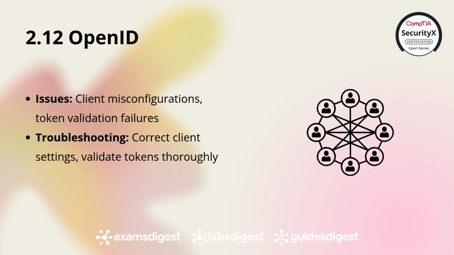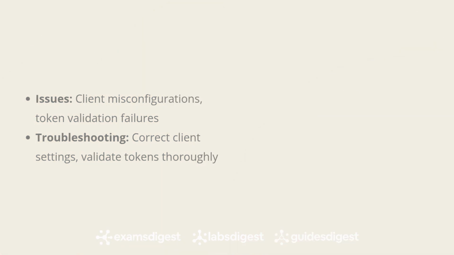Issues with OpenID often involve incorrect client configurations, token validation failures, and insecure implementations. To resolve these, ensure that client applications are correctly registered with the OpenID provider, validate tokens thoroughly, and follow best practices for secure OpenID implementations.